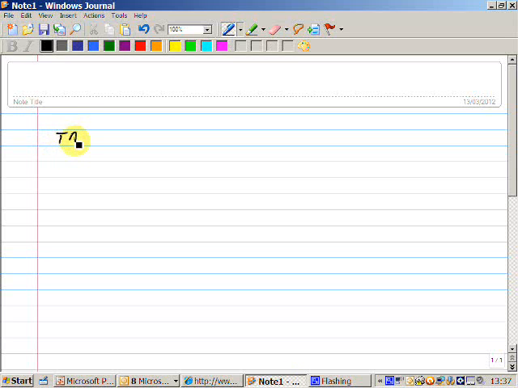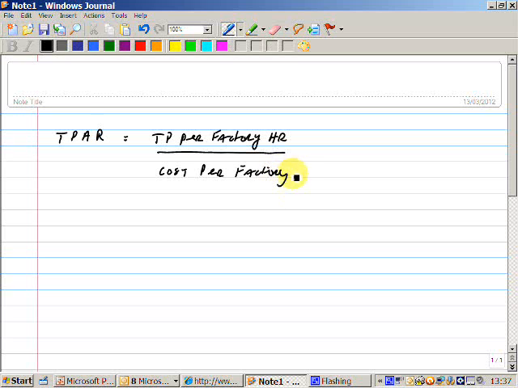The throughput accounting ratio is equal to the throughput per factory hour, in this case we can change that to hospital hour, over the cost per factory hour. That gives us the throughput accounting ratio, and that's what we're asked to calculate.